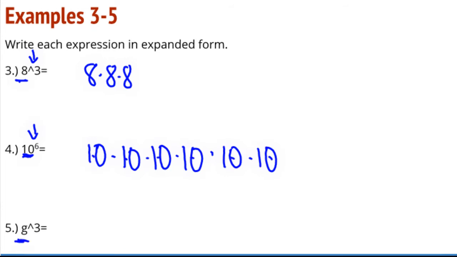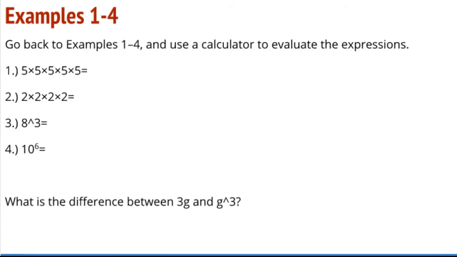And here we're throwing in a variable. G is the number we are multiplying, and 3 is how many times to multiply. So taking a moment here and going back and looking at these first examples, 1 through 4, and actually finding the value of the expressions.